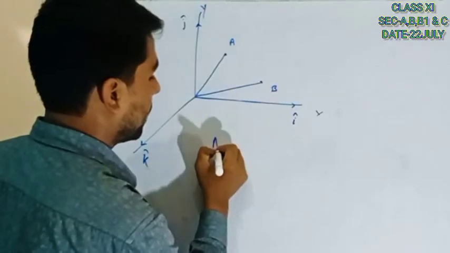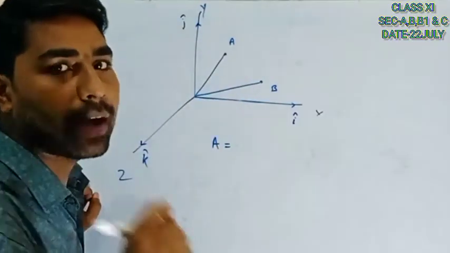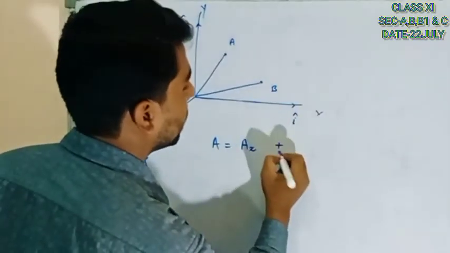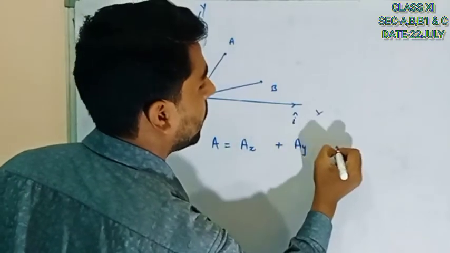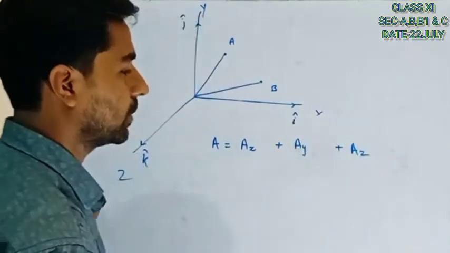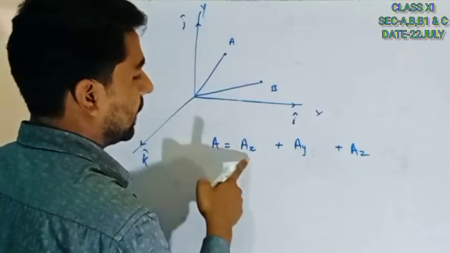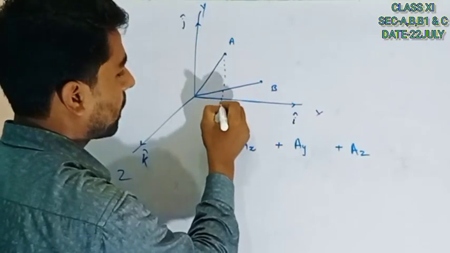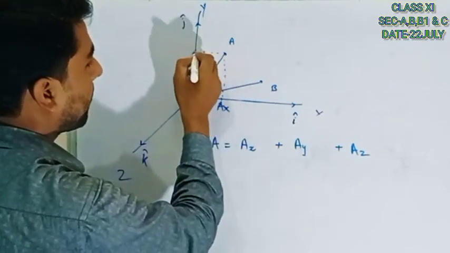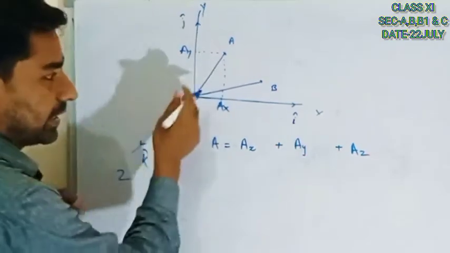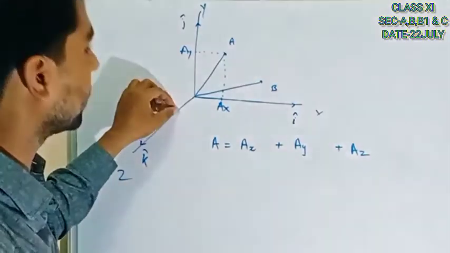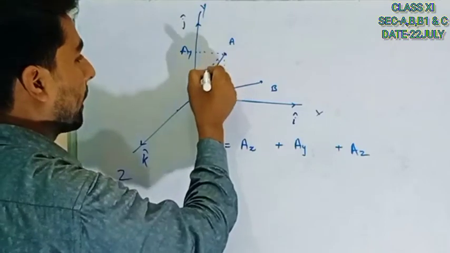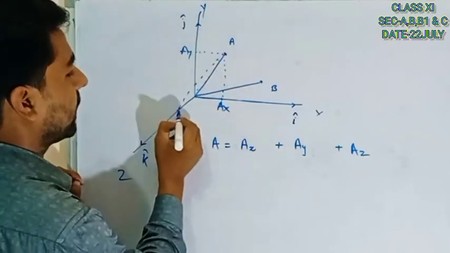Talking about this A, how many values will A have? Value on the x axis, say ax, plus value on the y axis, say ay, plus value on the z axis, say az. Now these are magnitudes. Suppose this is ax, this is ay, and the z axis I can't show you outside, suppose somewhere here it is falling, so this is az.